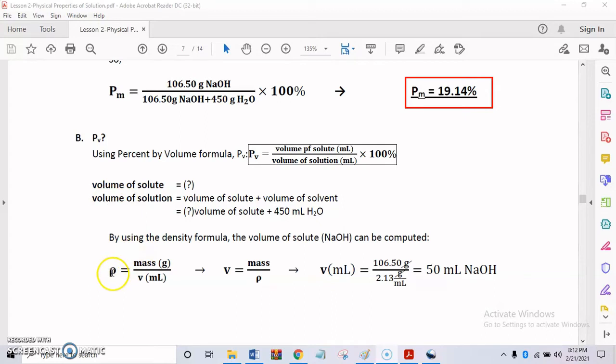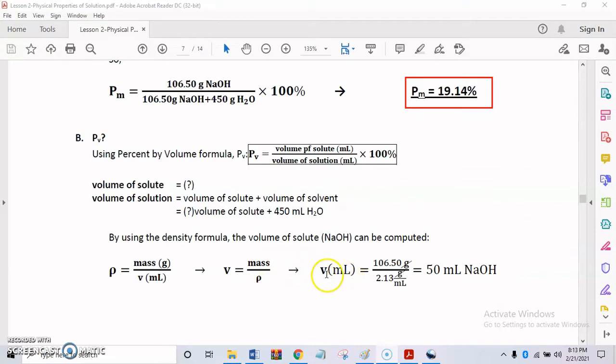Here, ayan o. Again, the density formula, rho equals mass over volume. So, kapag dito naman, unknown yung volume mo, you need to interchange the rho and the V here. So, yung rho, bababa, yung mass, nandyan lang. So, volume equals mass over rho.